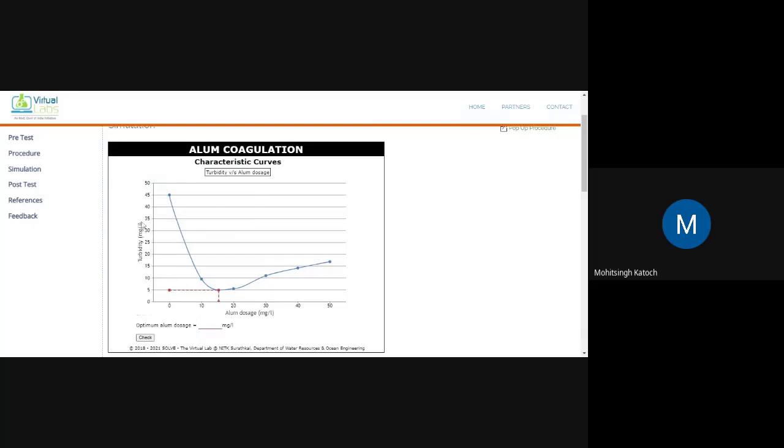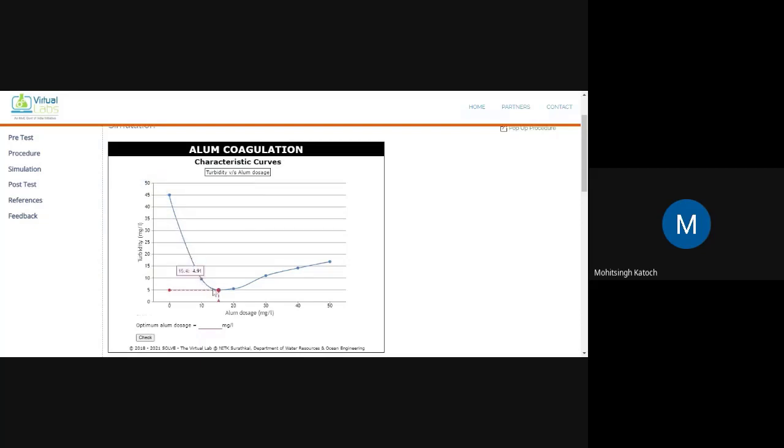So initially the turbidity in the sample was around 45 when no coagulant was added in water sample. As we increase the dose of alum in the water, the turbidity is decreasing slowly.